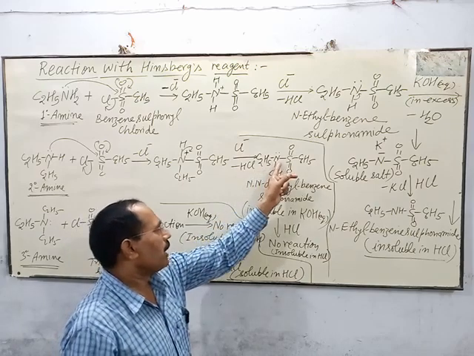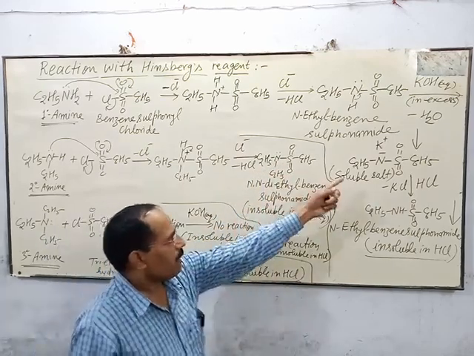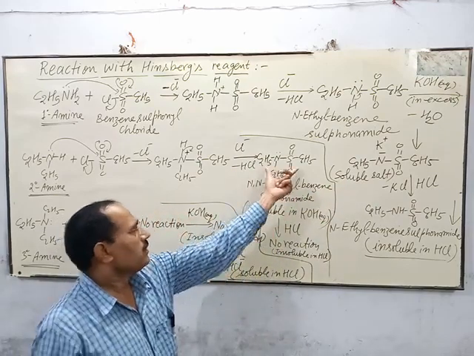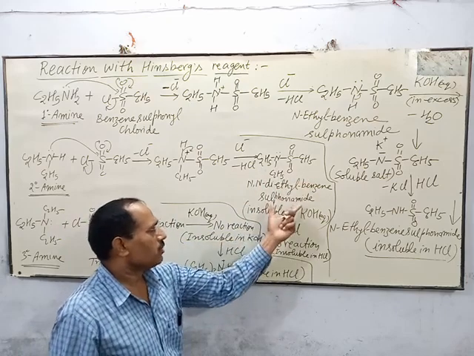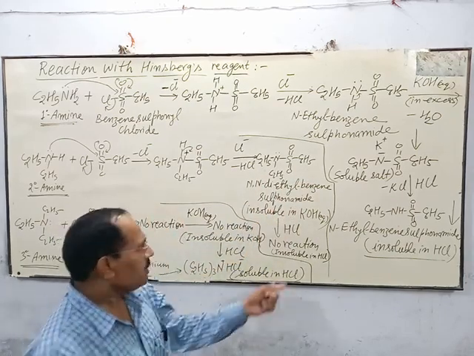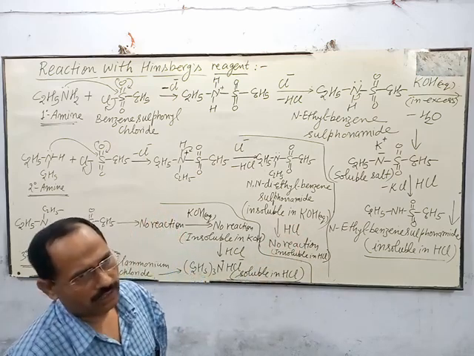Due to absence of hydrogen, salt formation does not take place. As a result, N,N-diethyl benzene sulfonamide remains insoluble in KOH, as well as it is insoluble in HCl.